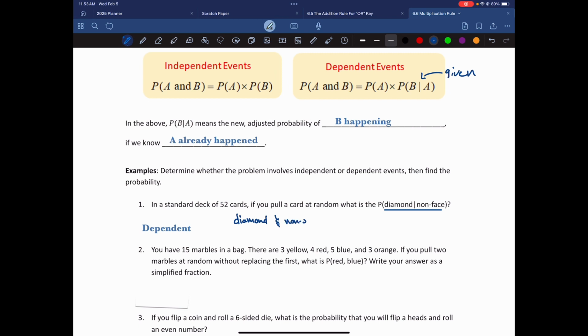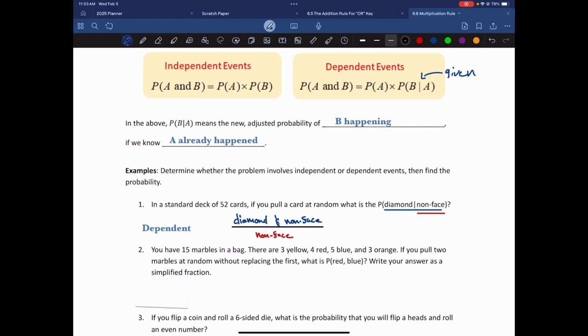I'm going to put that on the top of my fraction, and then on the bottom of my fraction, I'm just going to put the second item, non-face card.